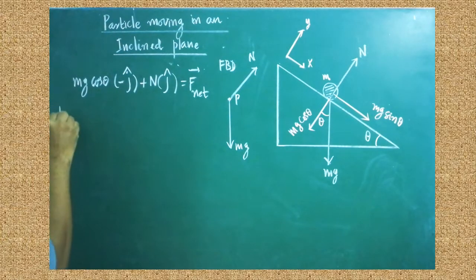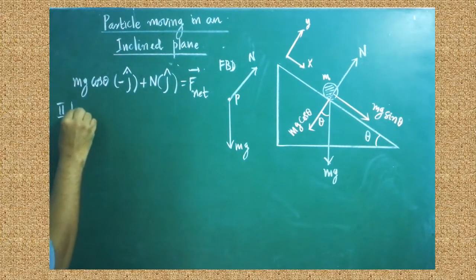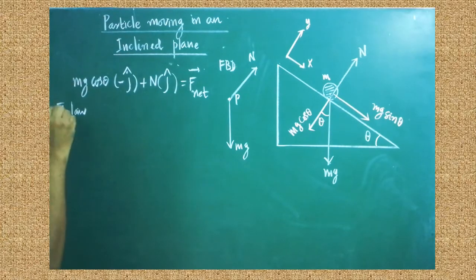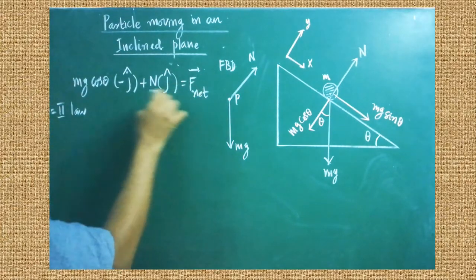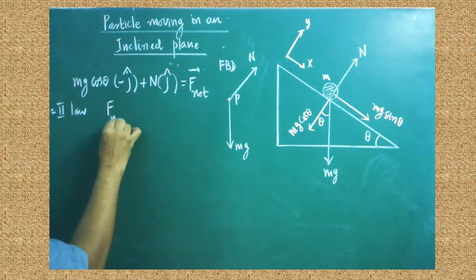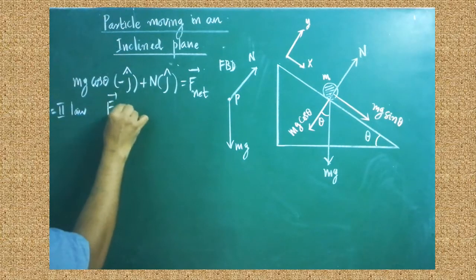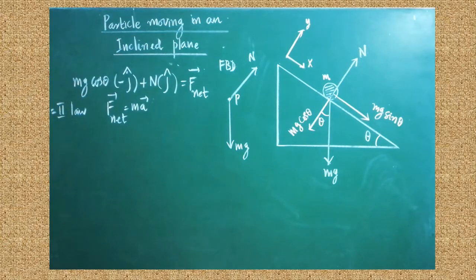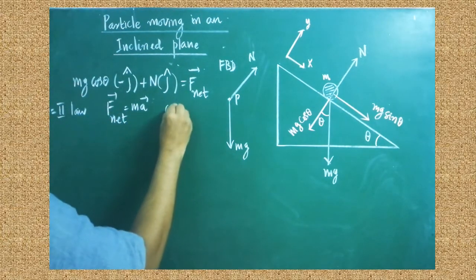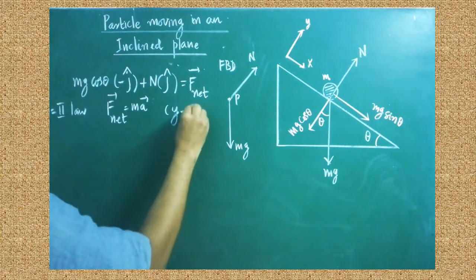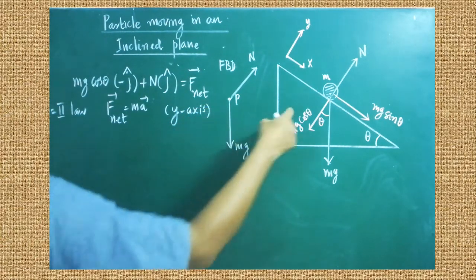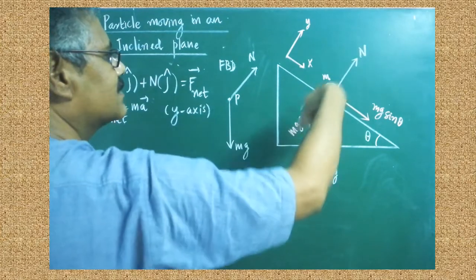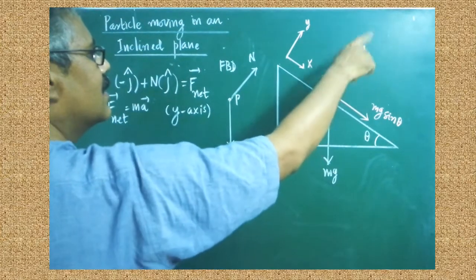By using Newton's second law, how will you write the net force? This net force can be written as F net is equal to, what is the formula? M into A. F net is equal to m a. This is the formula from Newton's second law. Now we will see whether there is any movement or acceleration along the y axis.